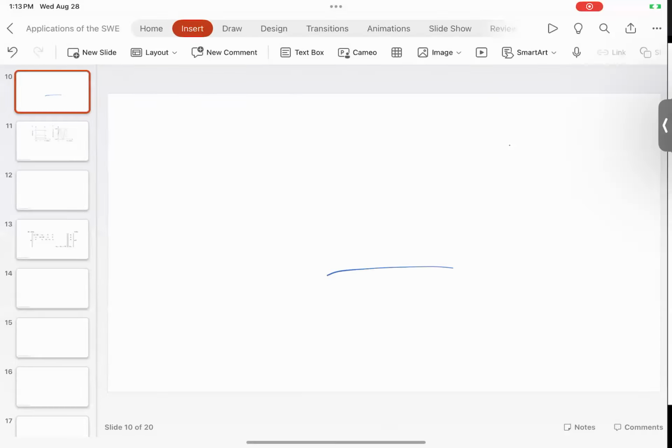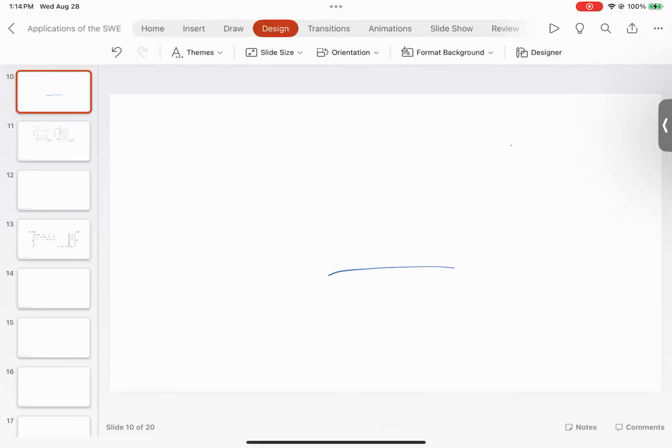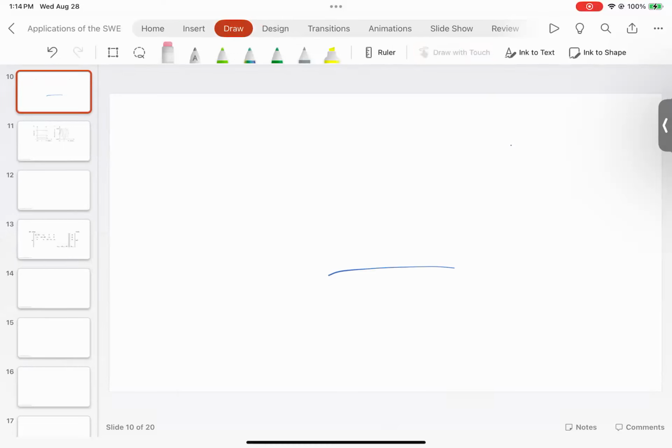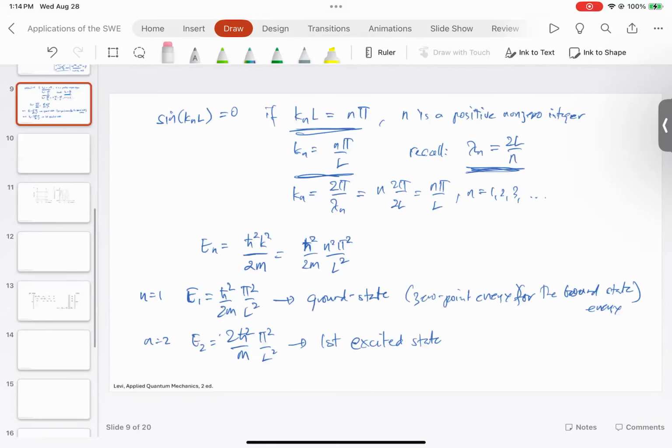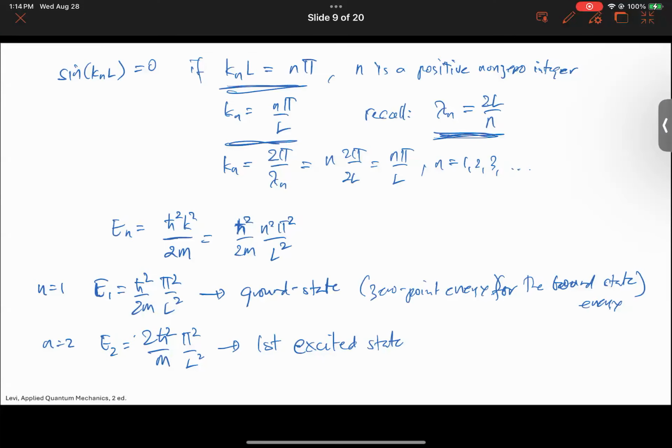So nakuha na natin yung energy eigenvalues. The next step is to determine kung ano yung eigenfunctions.